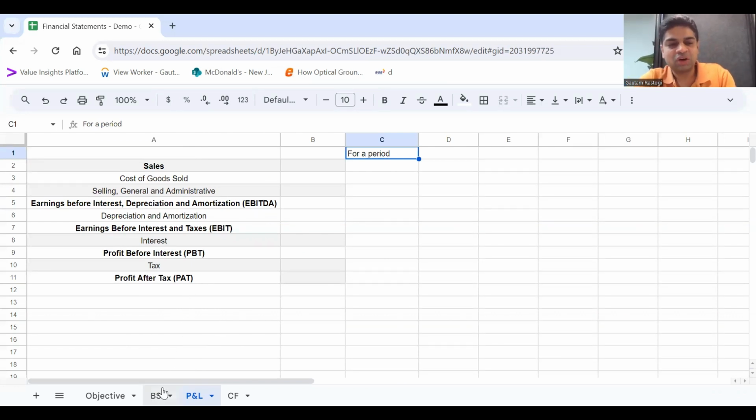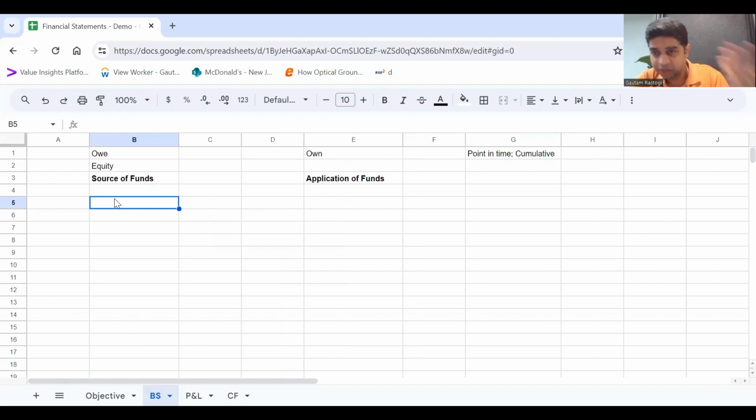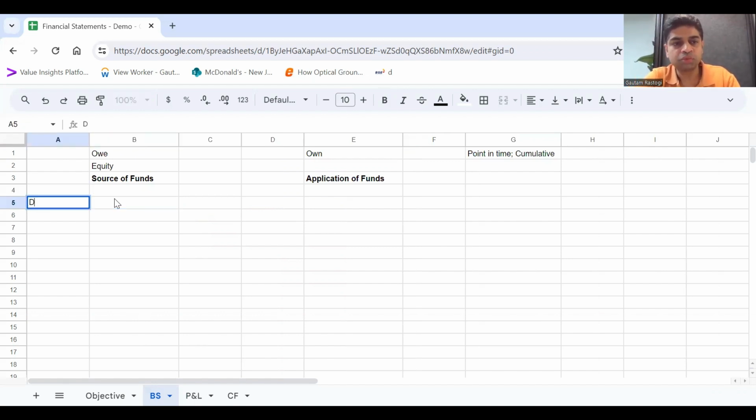So now let me build a sample, very easy to understand balance sheet, P&L, and cash flow, and show how they move together. Say you are starting a business and you take some debt of say $1,000, and you put in your own equity of say again $1,000.